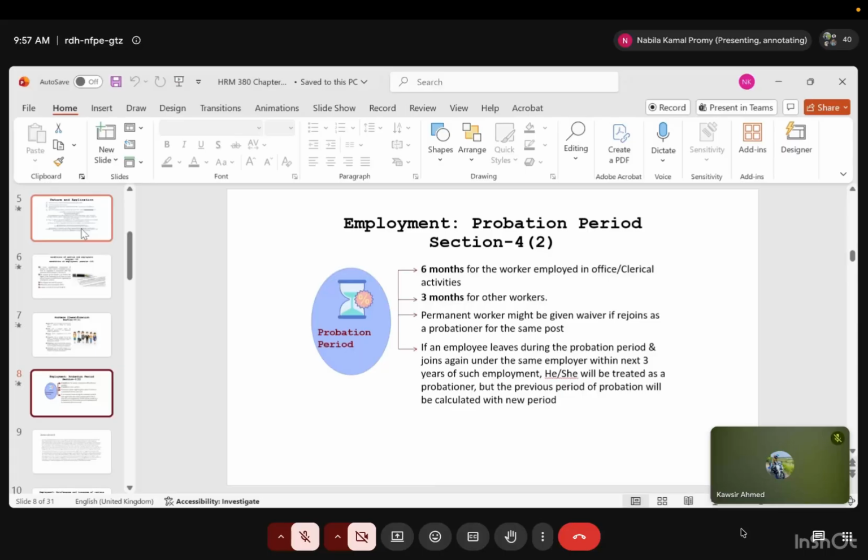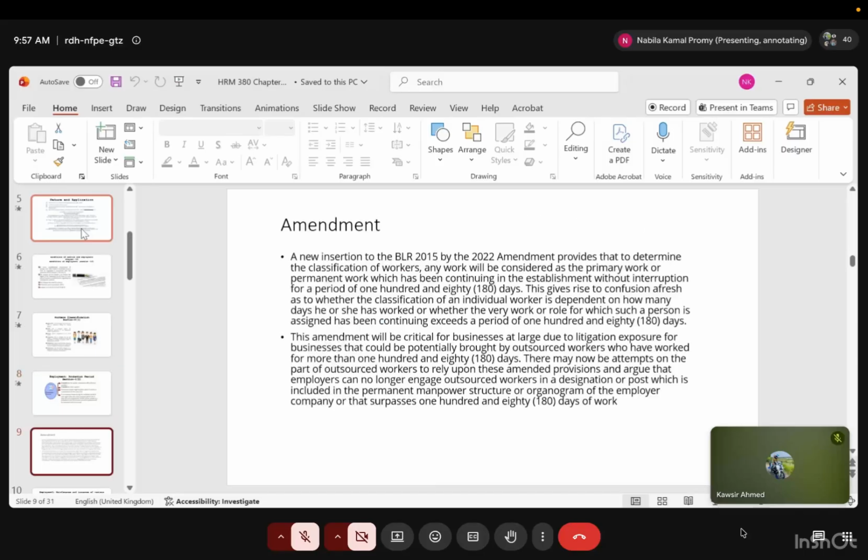Probation period is for when you have hired a full-time or permanent employee, but before his or her job gets permanent, the initial few months, especially 6 months, is considered probation period, where the employee is learning something and adapting to the new job, and during that time the employee often has some limited benefits compared to a regular full-time employee.